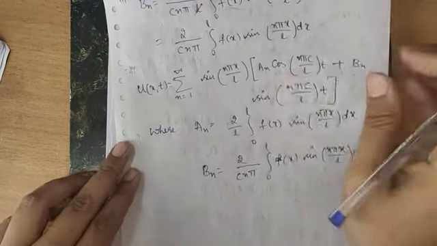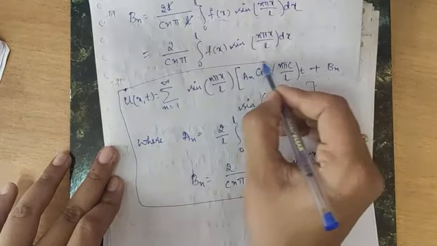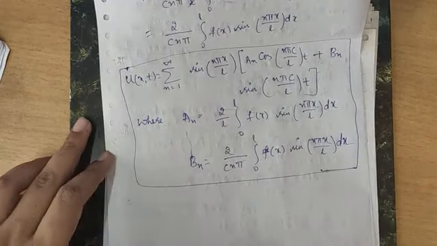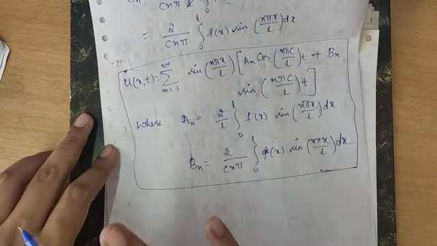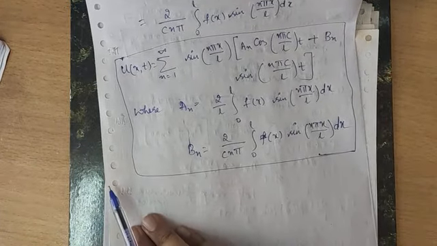So now this is the complete solution for your wave equation for the given initial and boundary conditions. The solution will change if the boundary conditions and initial conditions change.